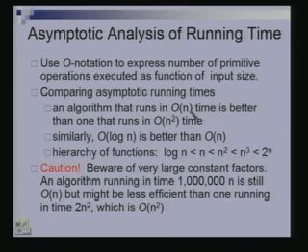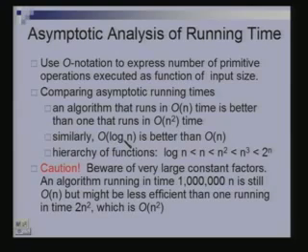Now if I have an algorithm for which the number of primitive operations is big O of n, and some other algorithm for which it is big O of n square, then clearly the first algorithm is better than the second. Why? Because if the input size doubles, the running time of this algorithm is only going to double, while the running time of the other will increase fourfold.